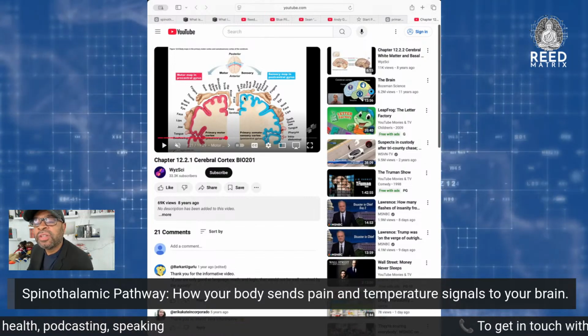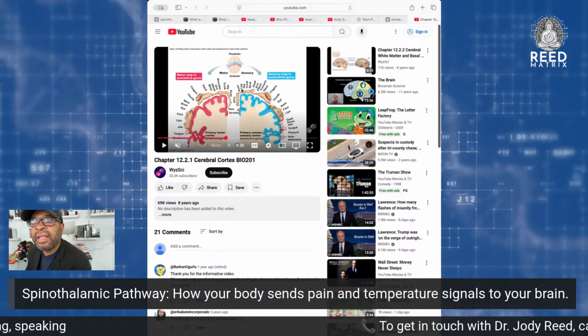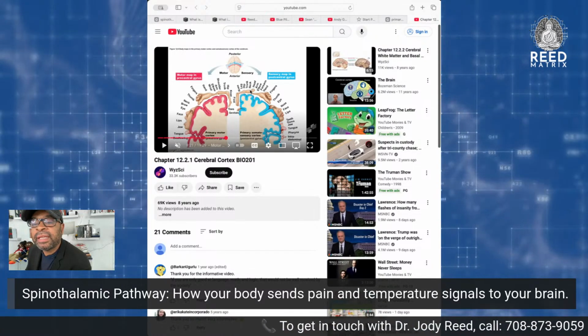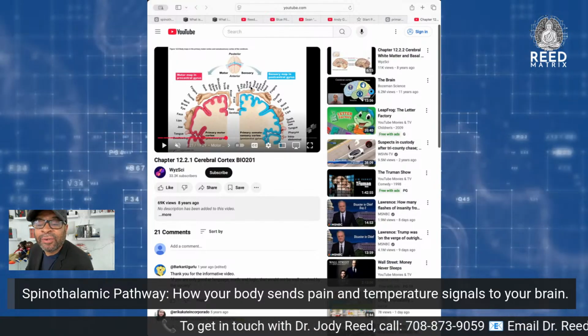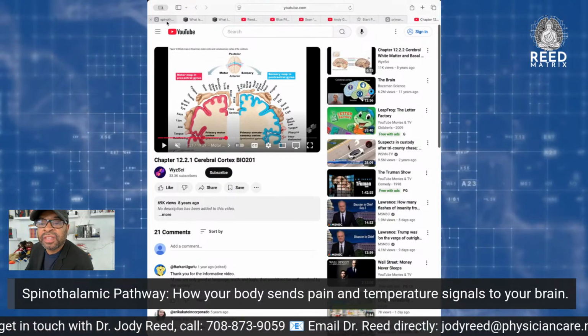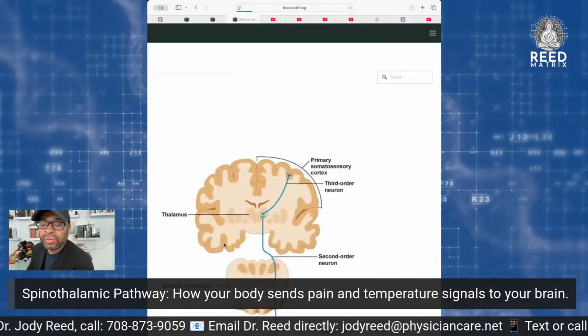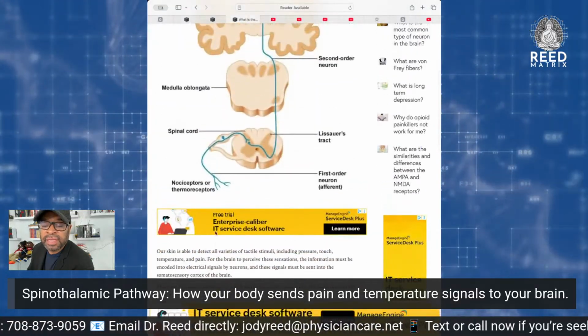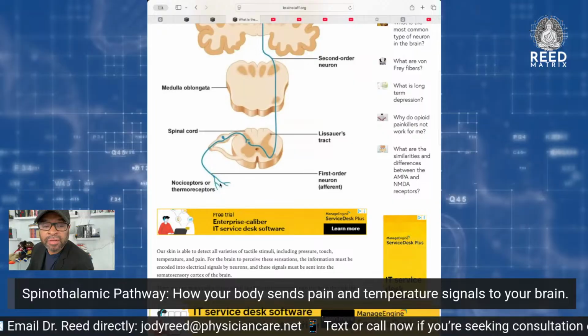And so look here. The lady complained of pain in her neck right here, right? So from her neck, the pain fibers are going to be activated.